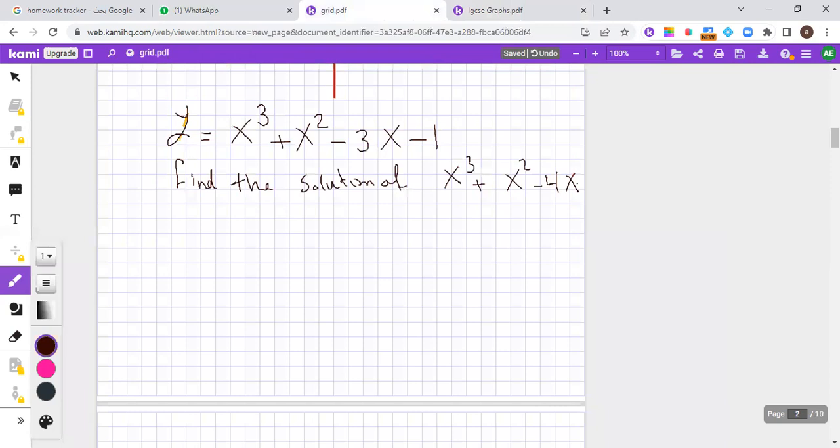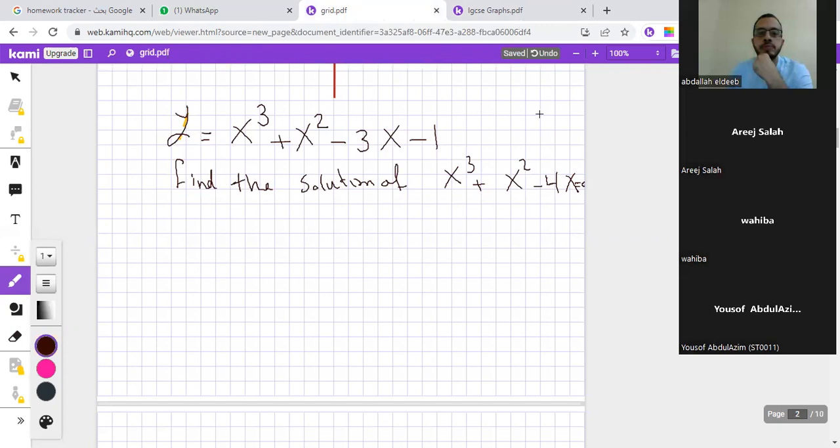Sir, we can solve this equation, x cubed plus x squared minus 4x. We can get the multiples of 4 and solve it that way. We cannot solve this one, x^3.